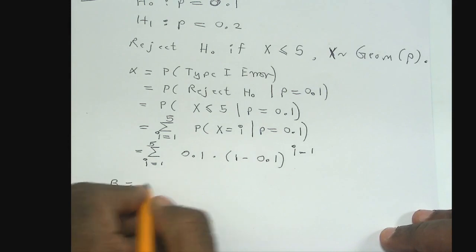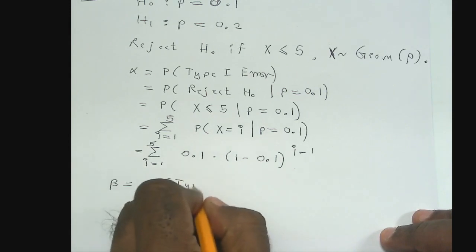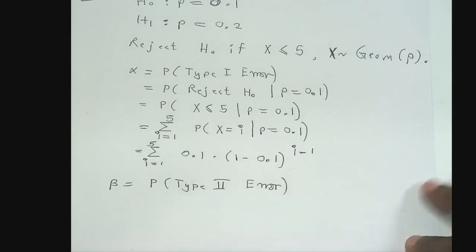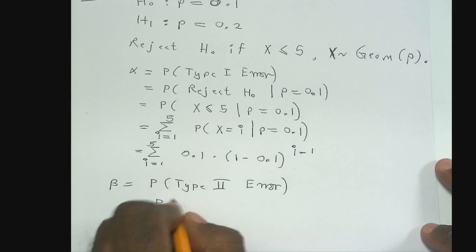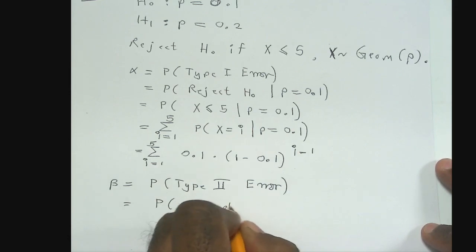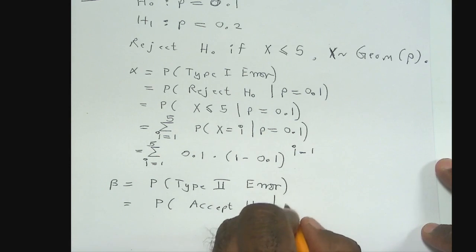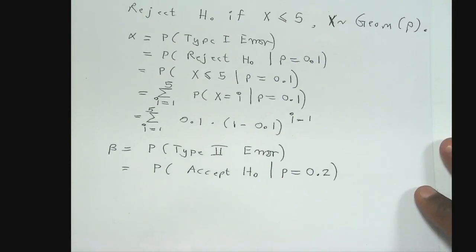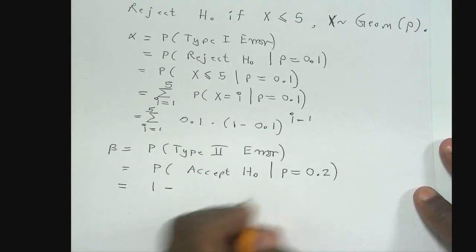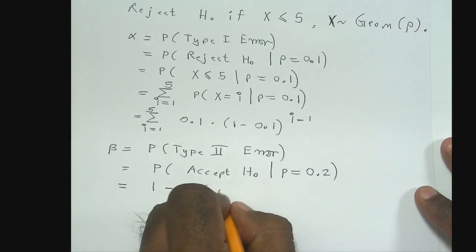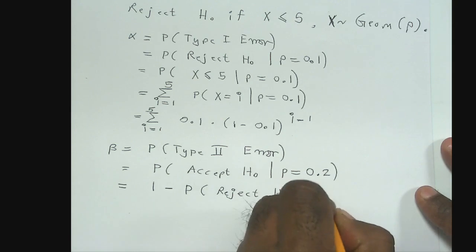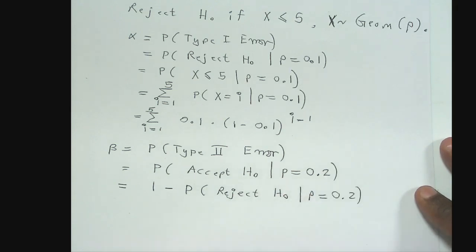And beta is the probability of type 2 error, which is the probability of accepting the null hypothesis when H1 is true. By the complement rule, you can write this as 1 minus the probability of rejecting the null hypothesis when this is the case.